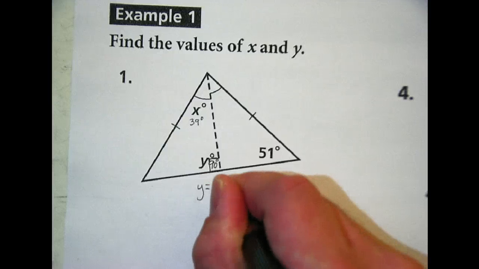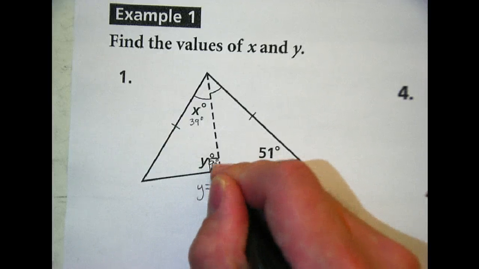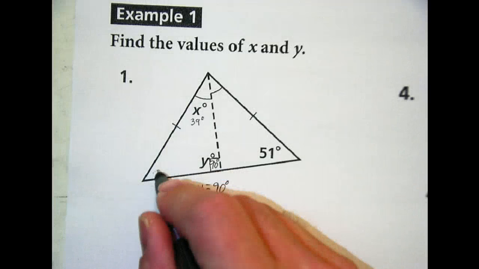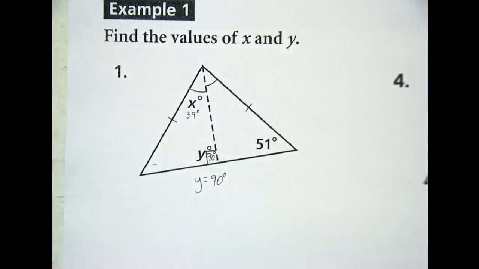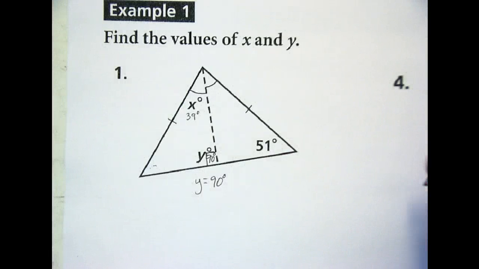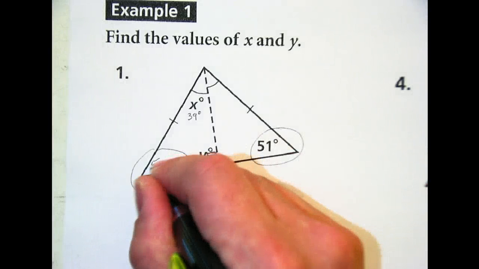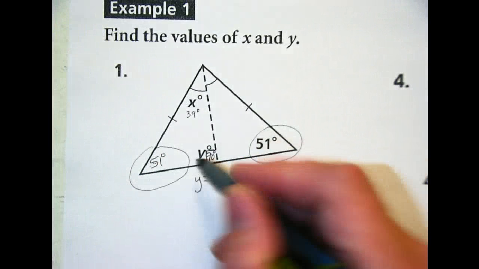And then if I know that 90 plus, what's this? How do you know it's 51? Because they're congruent. Good. Base angles are congruent. So you could have gone both ways, right?